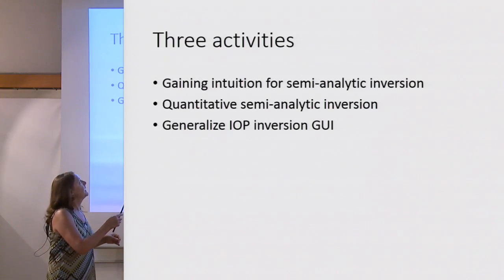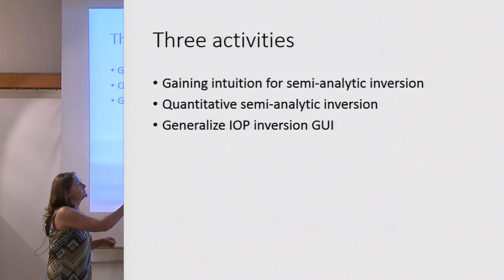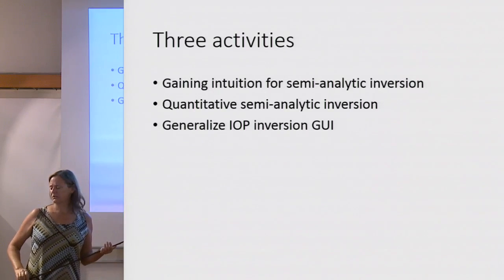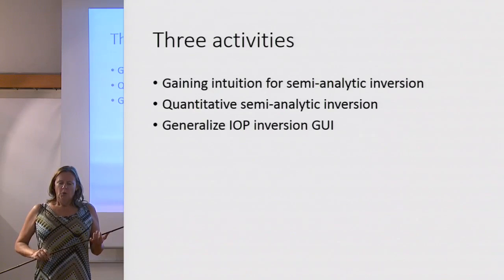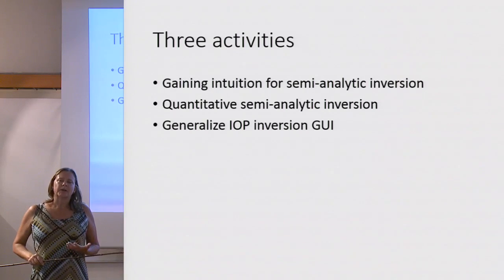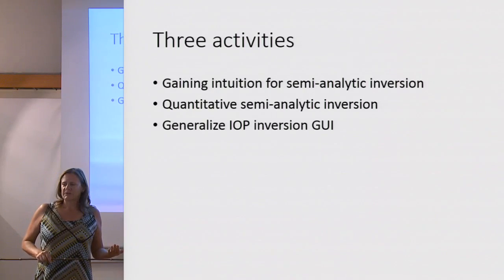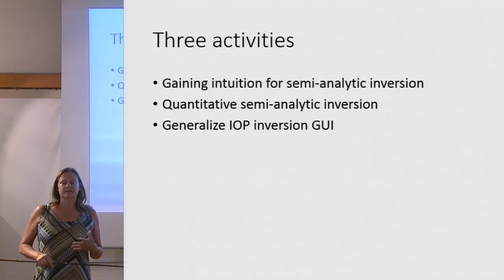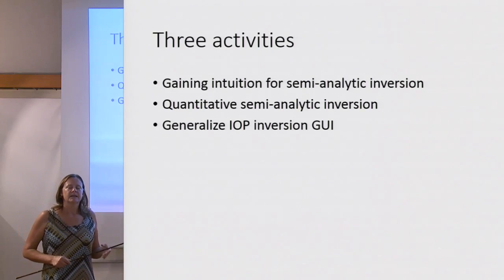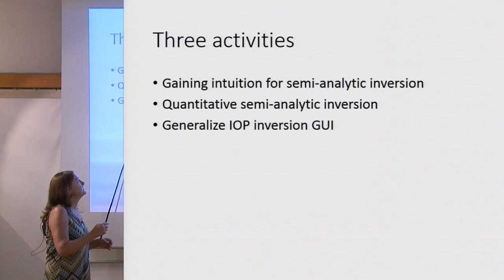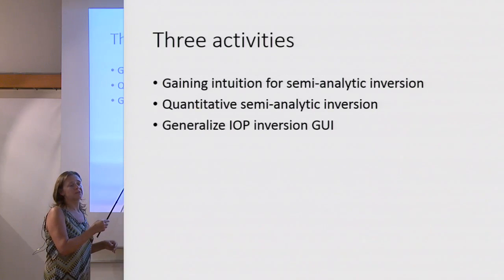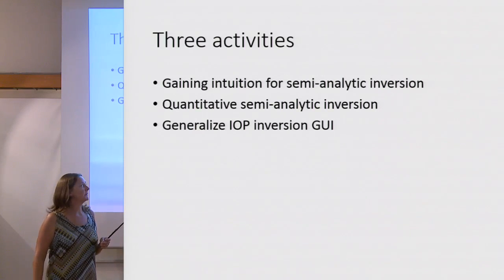And then we have the semi-analytic inversion, which is the MATLAB code, and we'll work with that. And then Jeremy Werdell wrote a paper in 2013 or 2014 where he called together everyone who was working on inversion methods. They had a big workshop, a series of them, and he and his colleagues devised what he calls the GIOP, or the Generalized Inherent Optical Property Inversion.